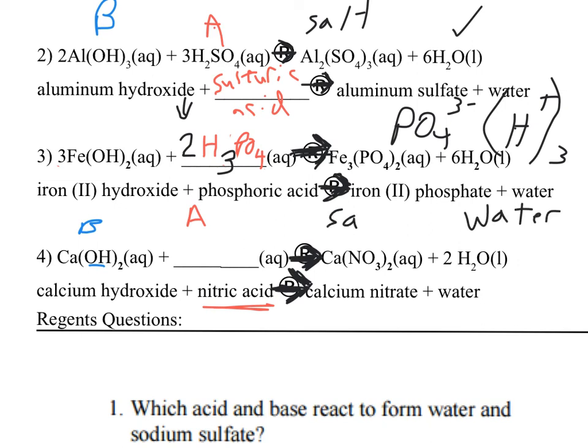I'm just going to label those really quick, salt and water. If you check what nitric acid is, you should get HNO3. HNO3 is nitric acid. I think that's table K, right? I can't remember which is which, and I'm too lazy to pull it up, but I think it's table K.